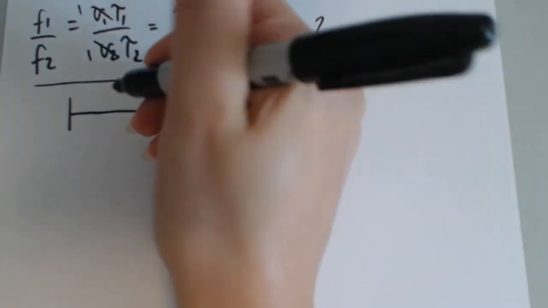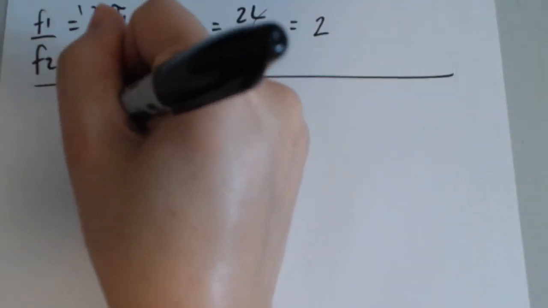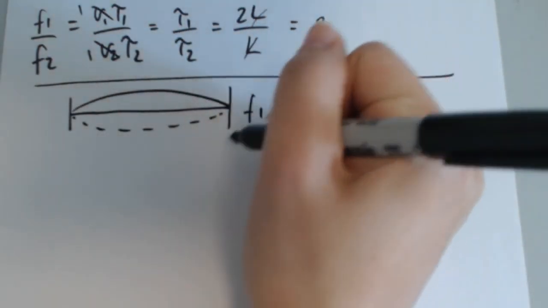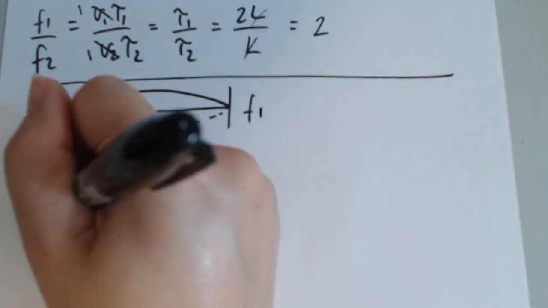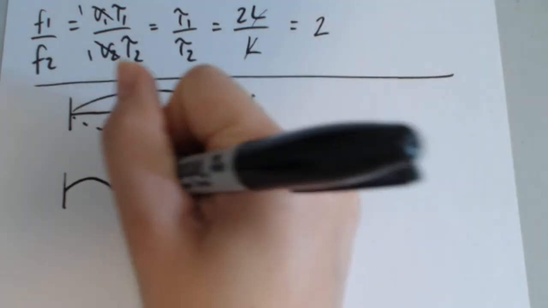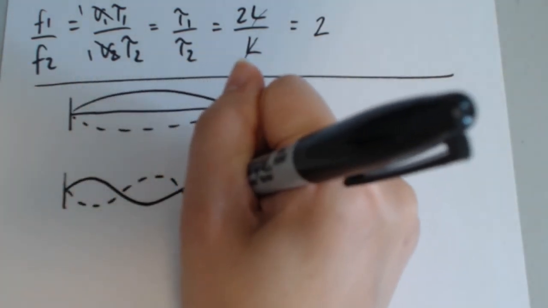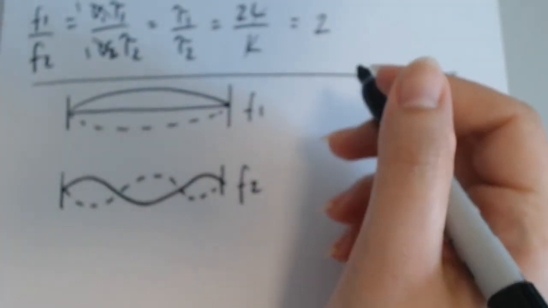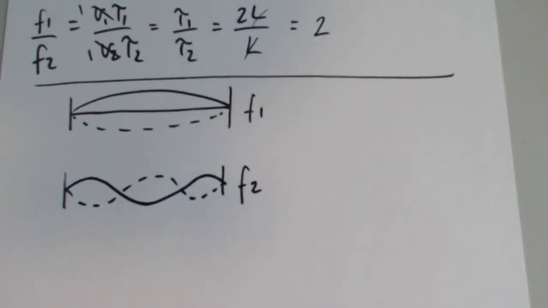So we have our fundamental frequency. So this is F1, and this is the next frequency that we're considering. It's not the second harmonic, but it's the second one we're considering. So we'll call it F2. Okay, so I guess this is good practice for you to try your hand at these questions again.